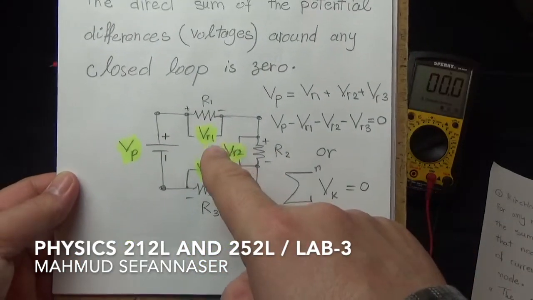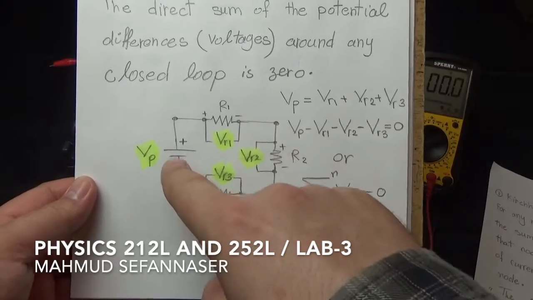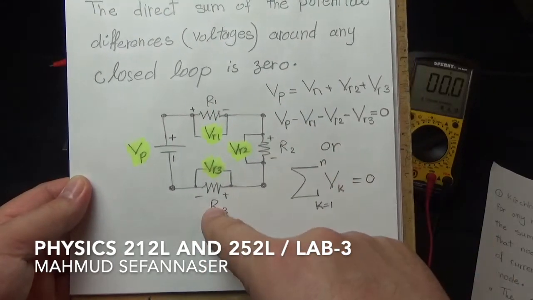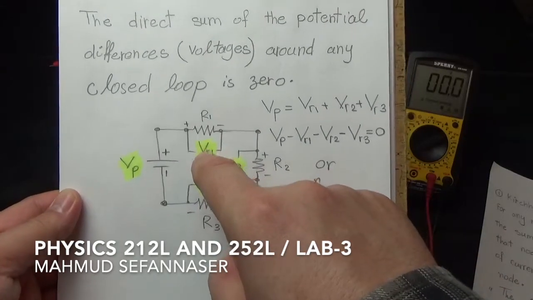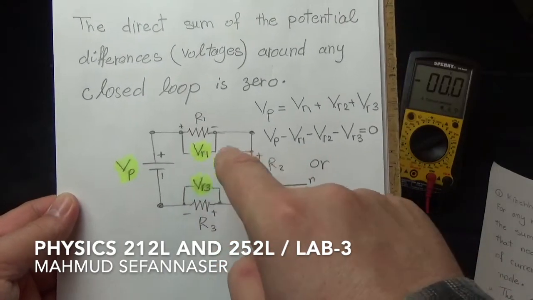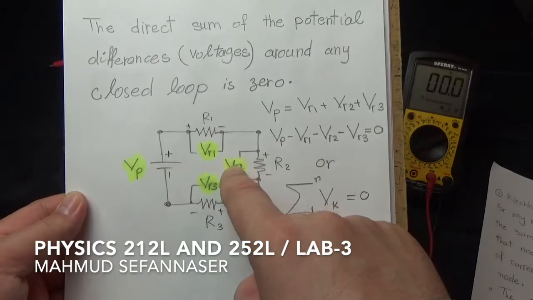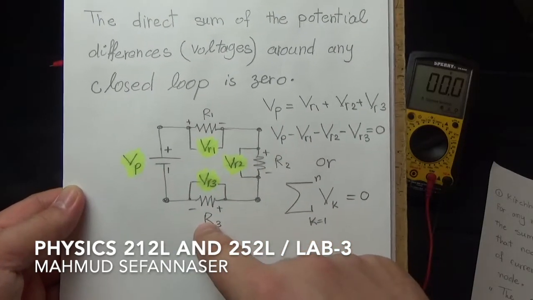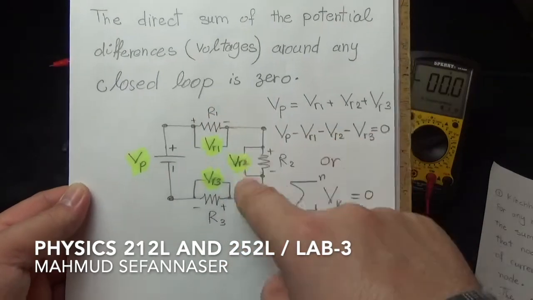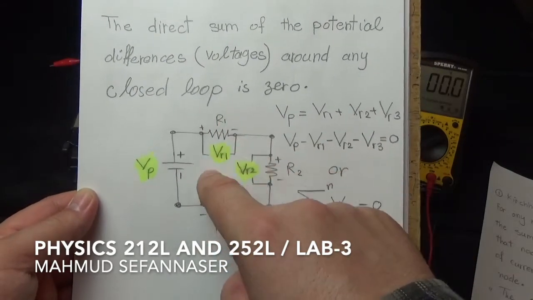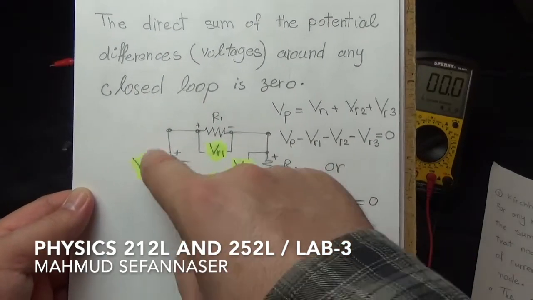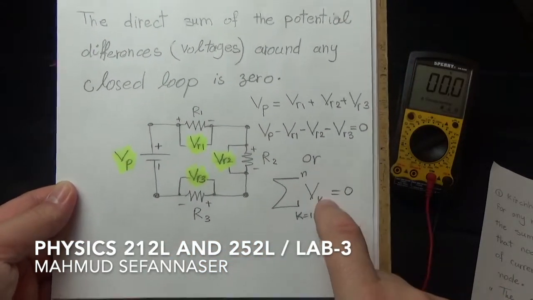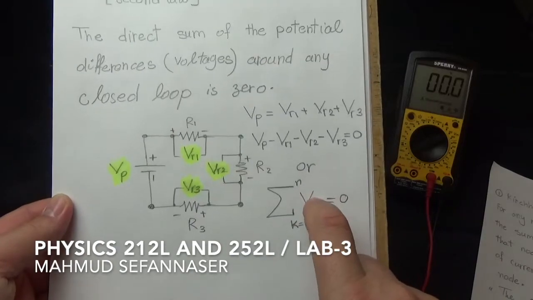So here we have this circuit, as you can see. We have the power supply here, we have R1, R2, R3. When we measure the voltages, VR1 across R1, VR2 across R2, and VR3 across R3, and then sum them up, and then subtract them from the power supply voltage, we should have 0, according to Kirchhoff's second law.